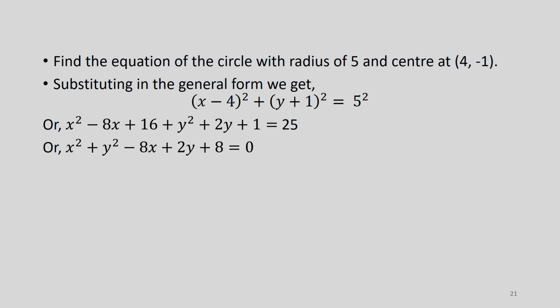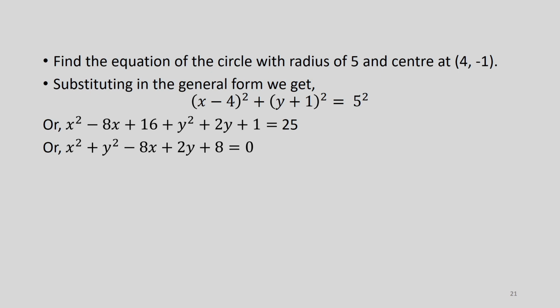So, here is an example of how to apply this formula of equation of a circle. Suppose the question is this: find the equation of the circle with radius 5 and center at 4, minus 1. The radius is given, which is 5, and the center coordinates are given, 4 and minus 1. So, we have to find the equation of this circle.